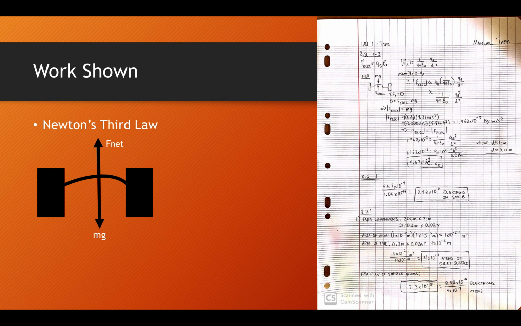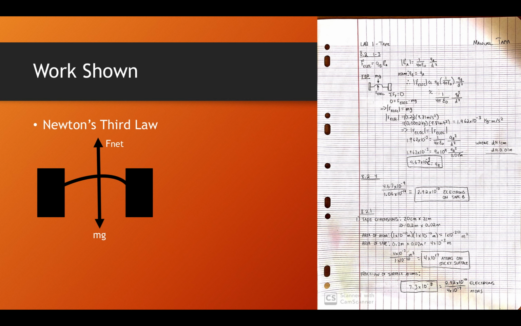We use Newton's third law, which states that for each force there must be an equal force opposite to the other, which is the gravitational force and the electric force. Here to calculate the charge, we use Coulomb's law, and we come up with a result of 4.67 x 10 to the negative 9 coulombs.